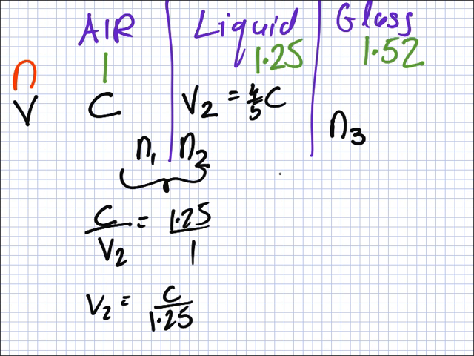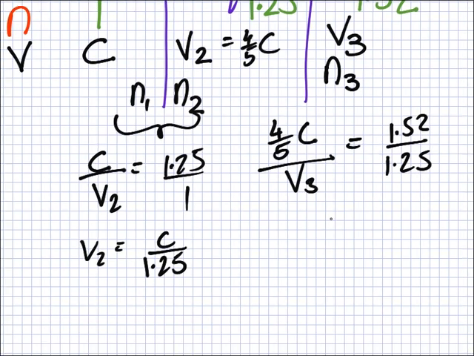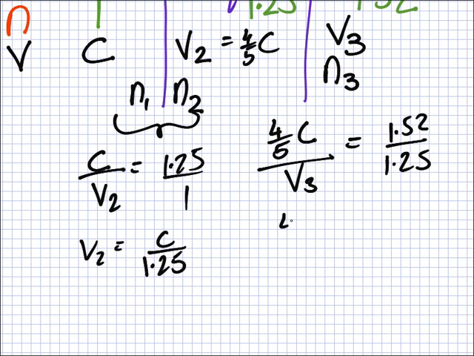Okay, so 5 over 4C over V3, which is the thing we're looking for. V3 equals N3 over 1.25. Interesting. So that's 4 over 5C times 1.25 over 1.52 equals V3.